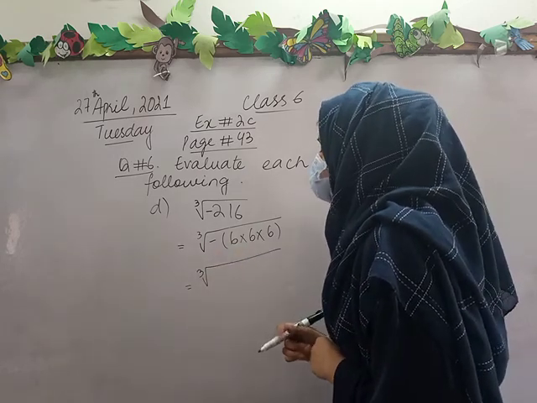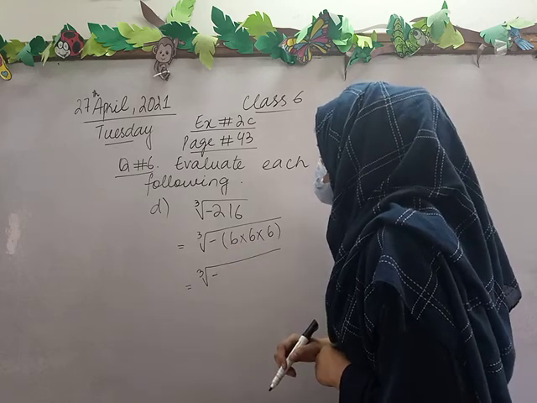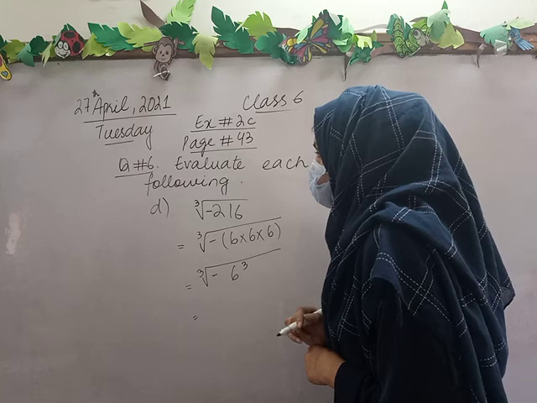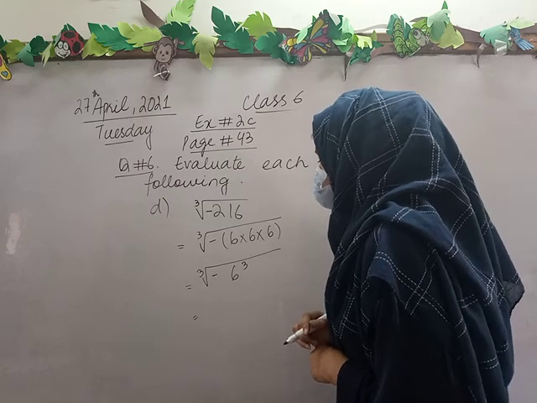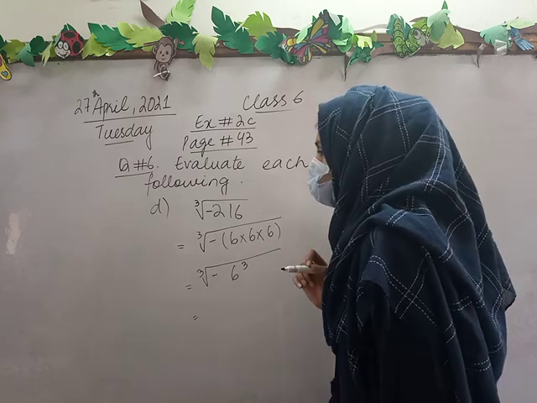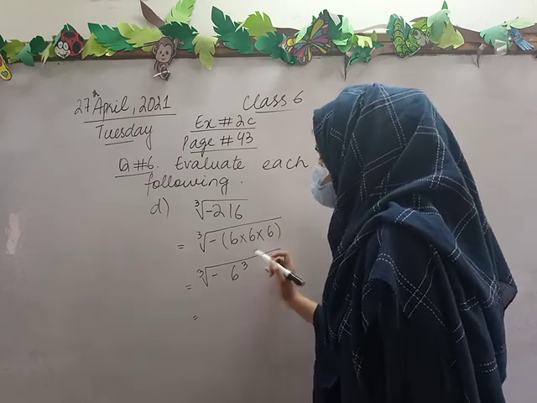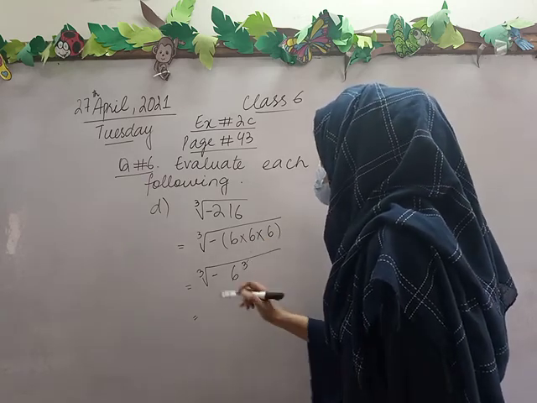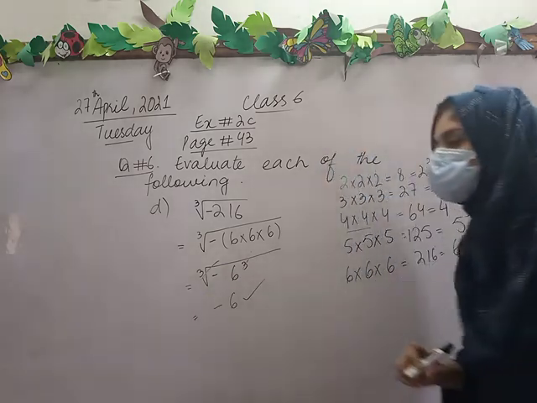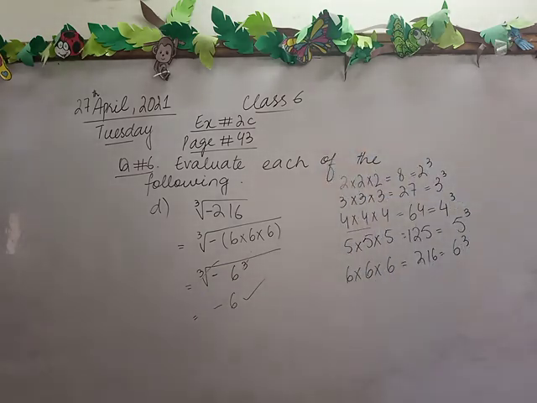This cube as it is, this minus as it is, and we can write 6 power 3. Very good, because this is the index notation of 6 power 3. In the next step, this 3 will be cut by this root and in the end we have minus 6. Okay?